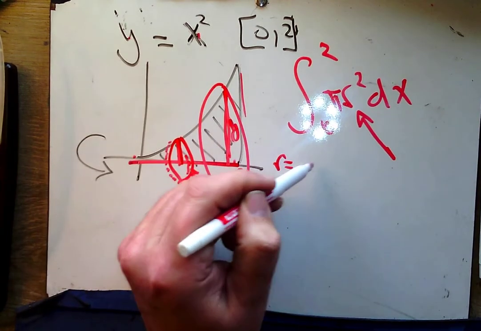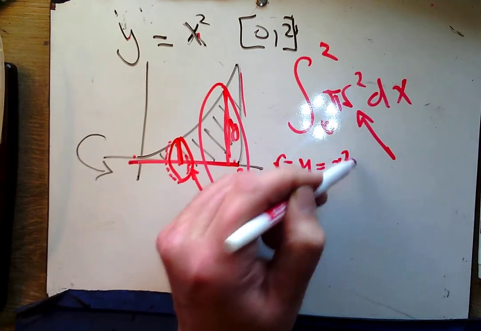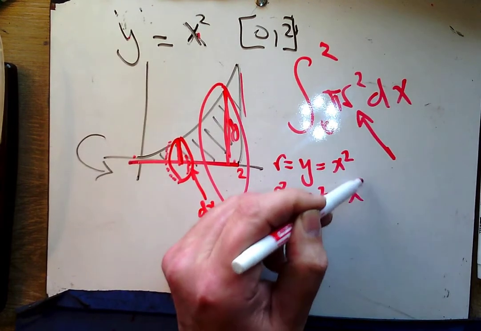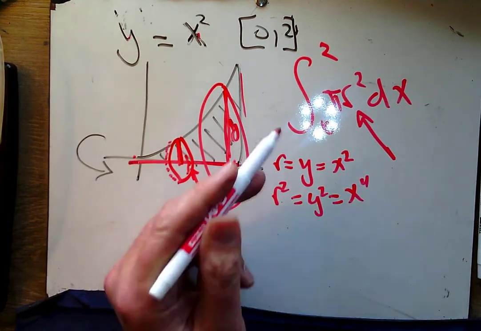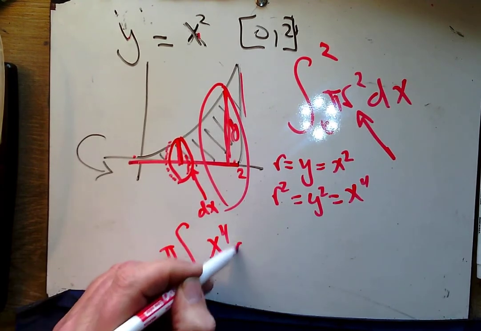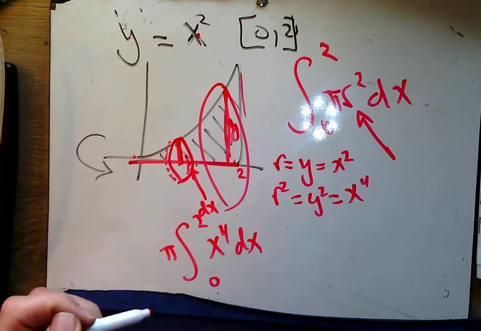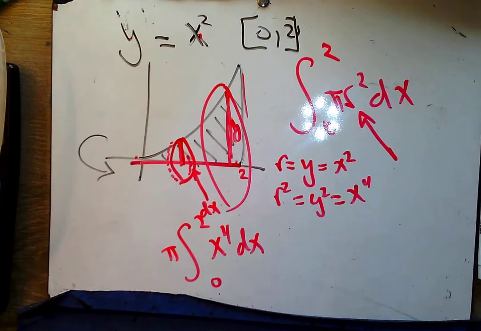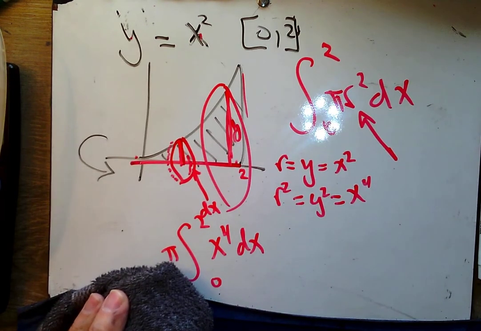So r equals y equals x squared, and therefore r squared is y squared or x to the 4th. So my integral is pi times x to the 4th dx from 0 to 2. Yeah, that's it. Not that big a deal. Be even less of a big deal in 2 or 3 more days. Okay.